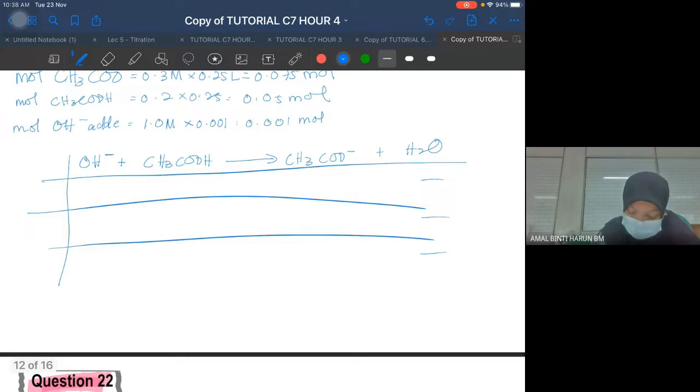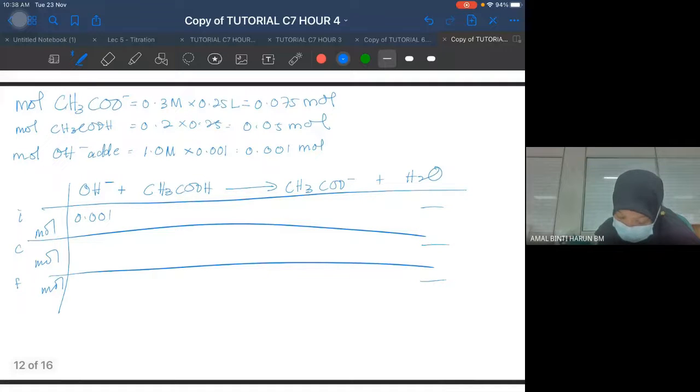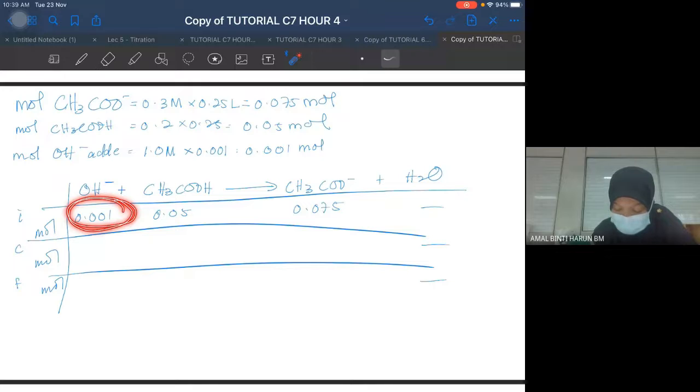Okay, so once again, initial, change, final. Dalam unit mole. Initial mole of the base added is 0.001. Acid yang ada dalam buffer adalah 0.05. Conjugate base adalah 0.075. Okay. Sekarang kesemua base yang ditambah ni telah dineutralkan. So dia akan jadi minus 0.001.